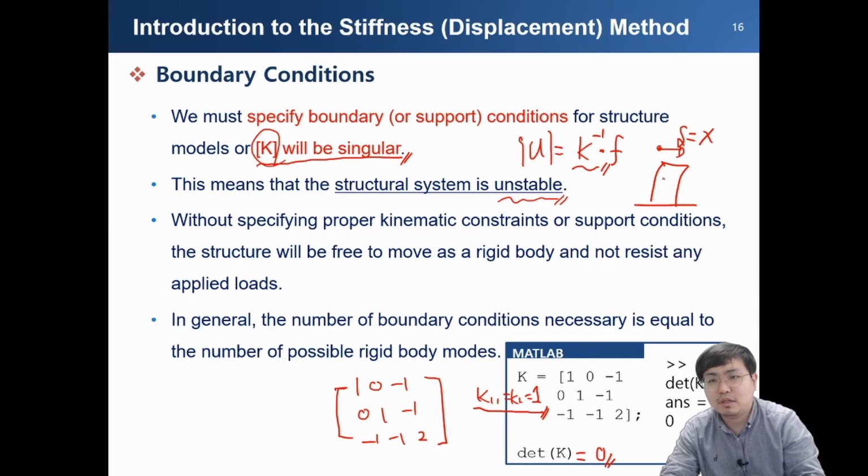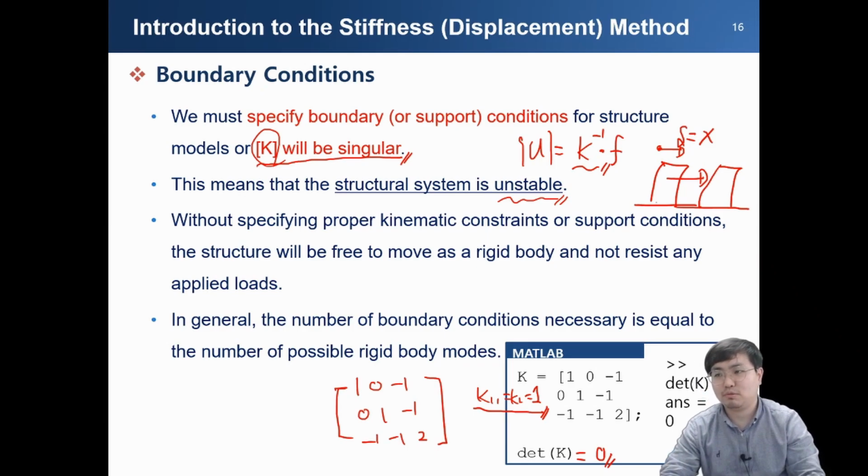So that means this structural system must be translated with a specific velocity, so we cannot determine the exact deformation or displacement of the structure. That means the structure has some rigid body mode or rigid body motions.